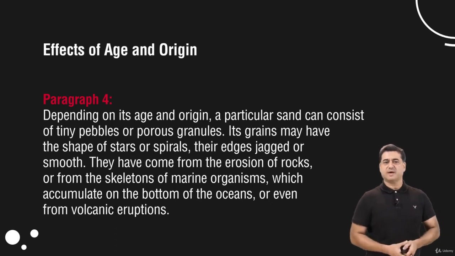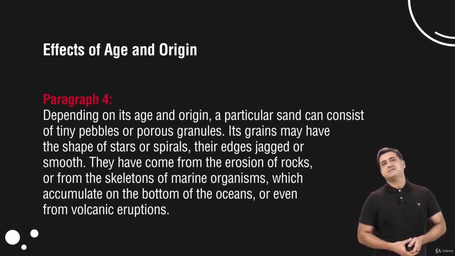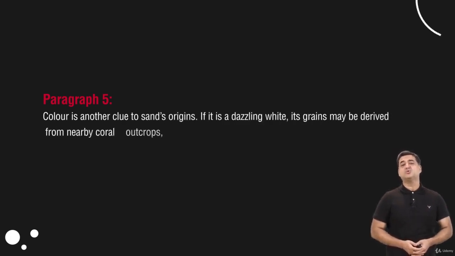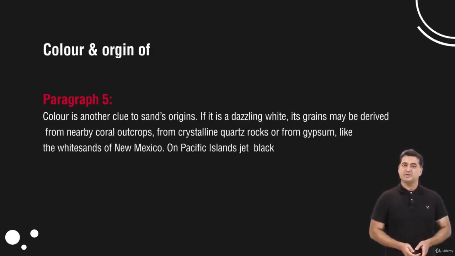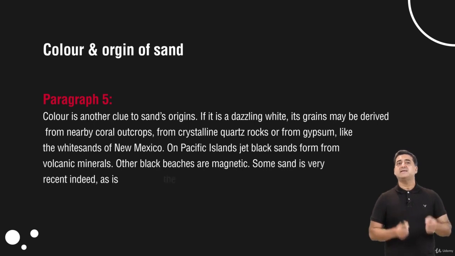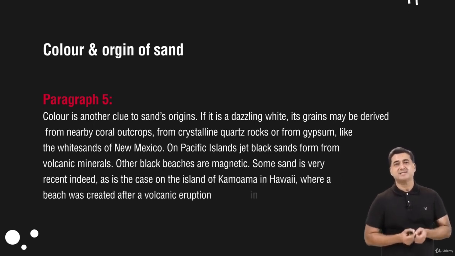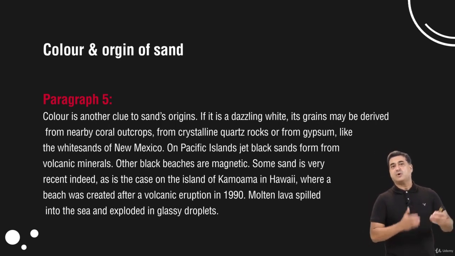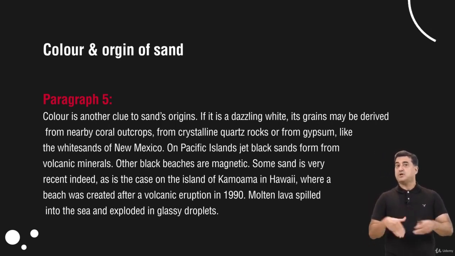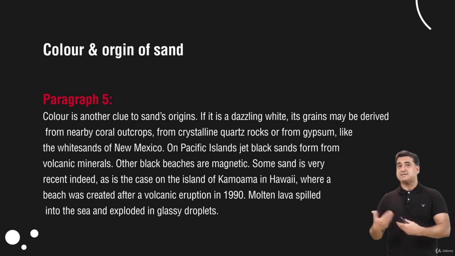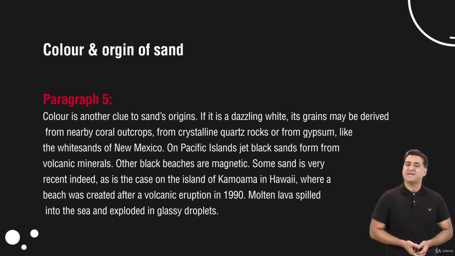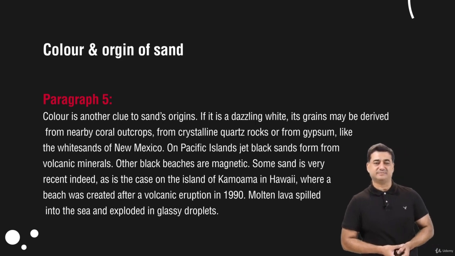Let's move on to the next one, the fifth paragraph, which says color is another clue to sand's origin. That means color can also tell what is the origin of sand, where it has come from. So color and origin of sand is being discussed in this paragraph.